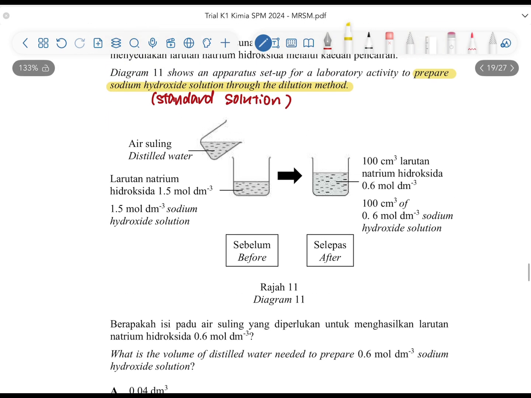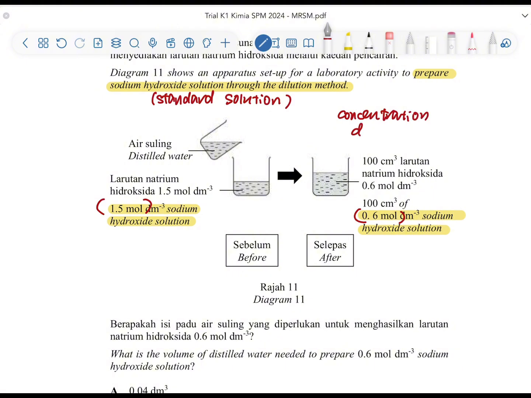We can observe that before the dilution, the concentration of the sodium hydroxide solution is 1.5, but after the dilution, the concentration is 0.6 mol per dm³, which shows that the concentration of the solution decreases.